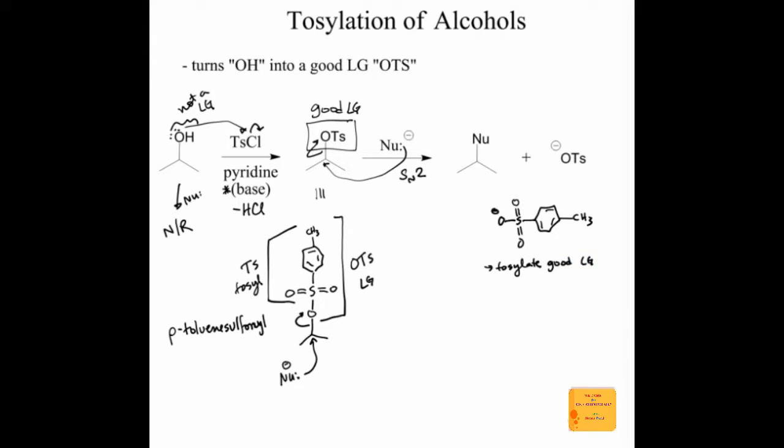And let's examine that for a moment and make sure we understand why this is a good leaving group. We just said hydroxide is a very poor leaving group, and that's because it's a very strong base, it's very reactive, having an O-. Yet here's another structure with an O-, and we say this is a fine leaving group. So what's the difference between tosylate and hydroxide? Why is it okay for this structure to be kicked off and be on its own? Well, the key to being a good leaving group is that you are stable once you leave.